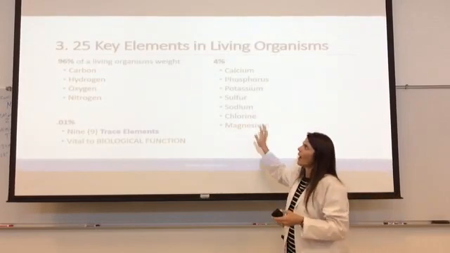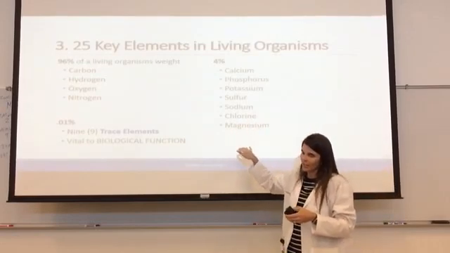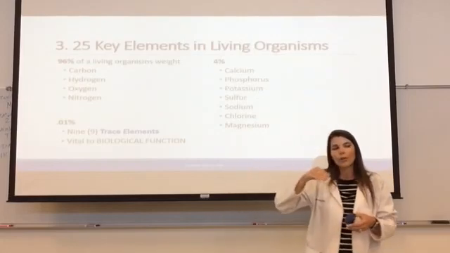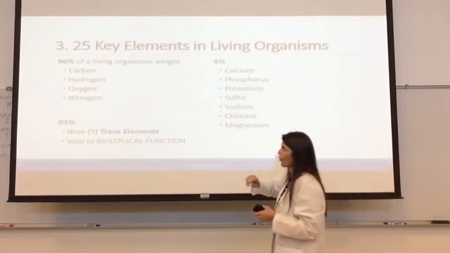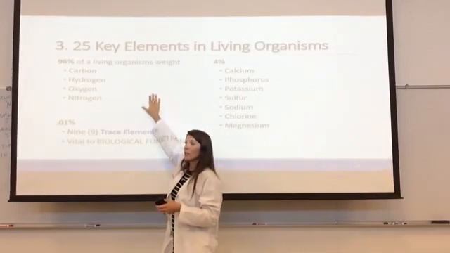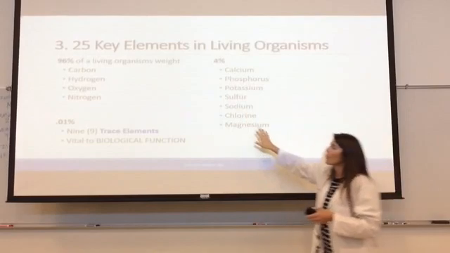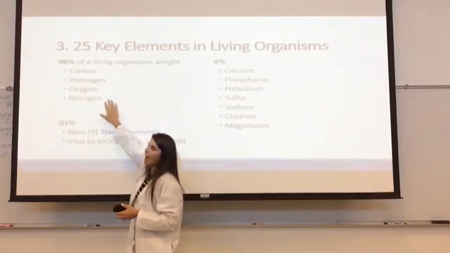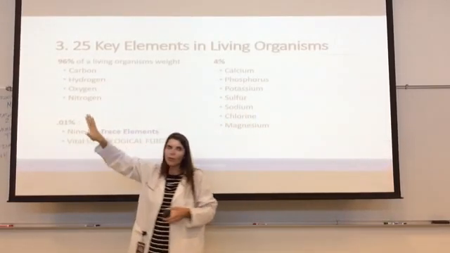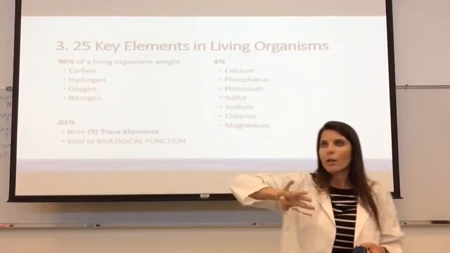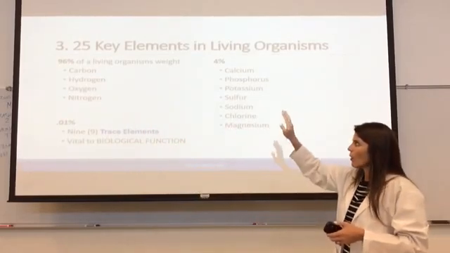There are 25 key elements that you will find in all living organisms. You are responsible for knowing these 4 and this group here. These 4 are found in the highest abundance in all living organisms: carbon, hydrogen, oxygen, and nitrogen. Those 4.